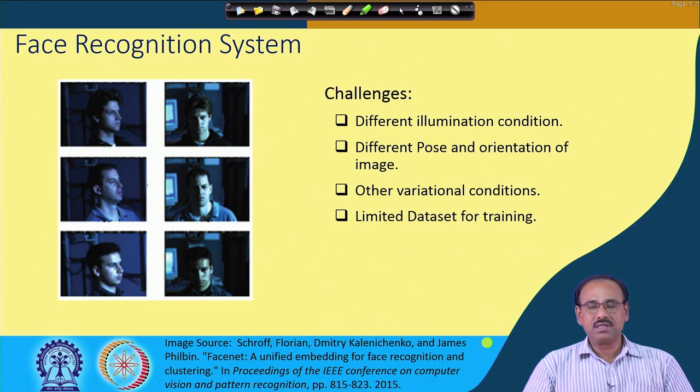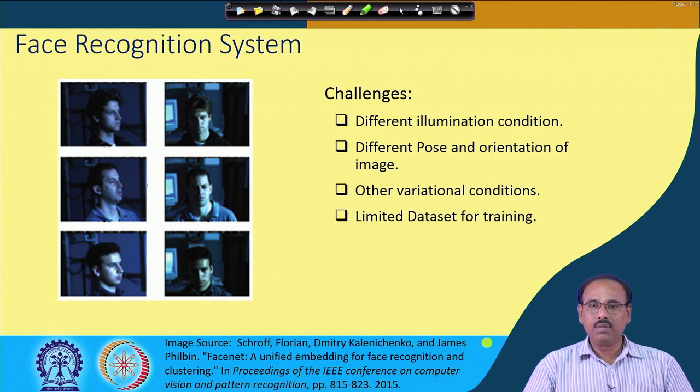There may be various other variational conditions which make the face images of the same person appear to be different. So these are the challenges to make your face recognition system work, or even to design a face recognition system.